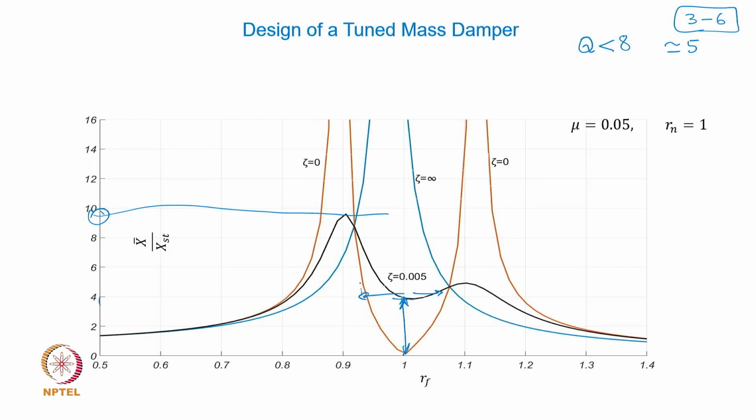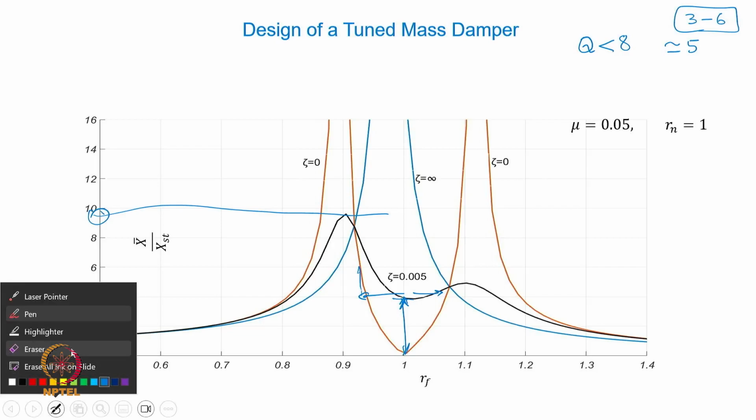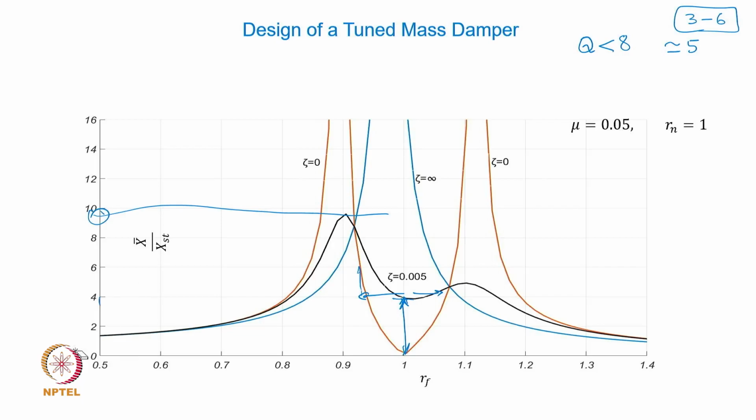Maybe this 4 will become 5 or 6 or so. That's okay, right? So in that sense, even if you are not actually getting zero response at your operating speed, because it is not such a big hassle to have non-zero but limited vibration response, I think it is a good job done.